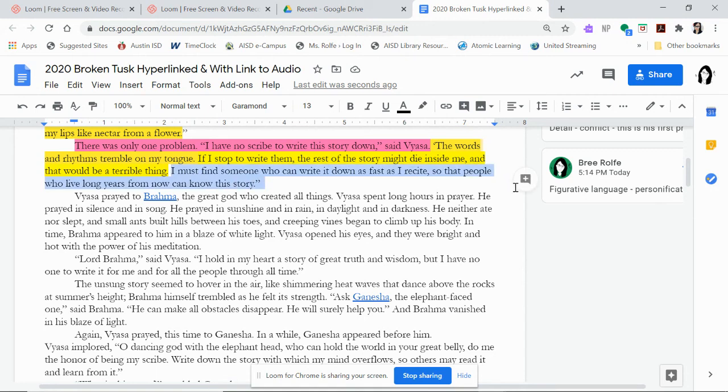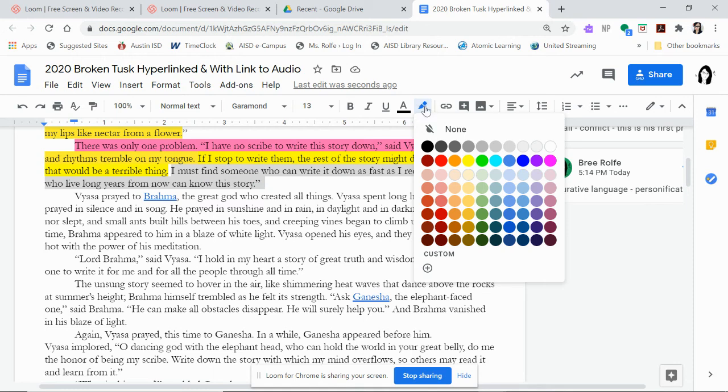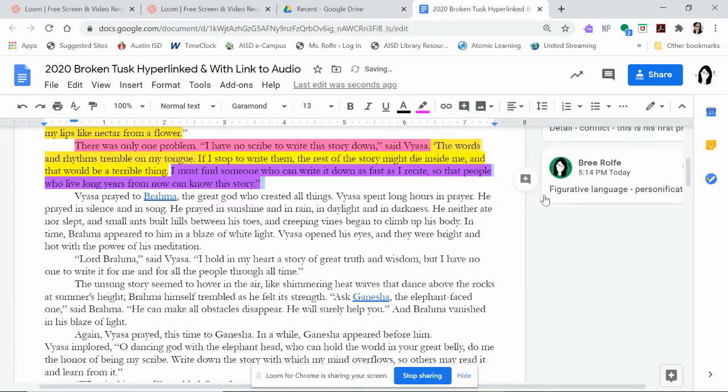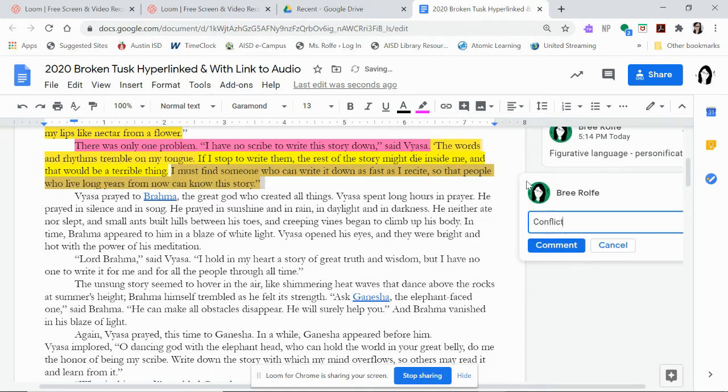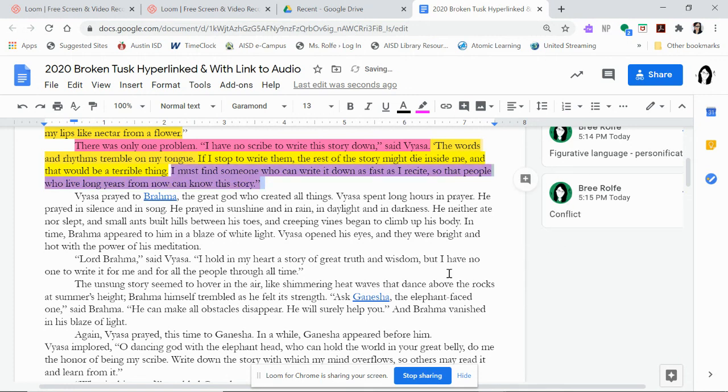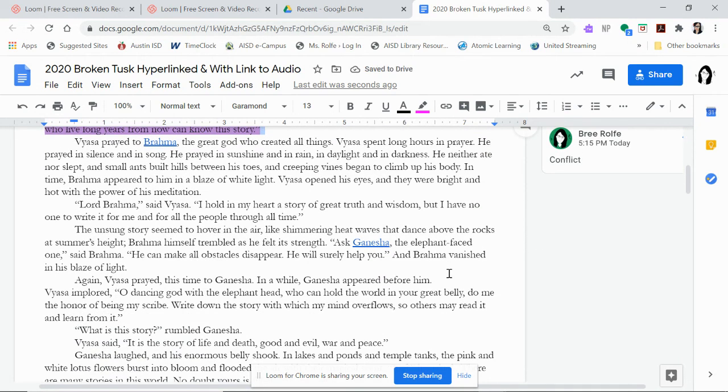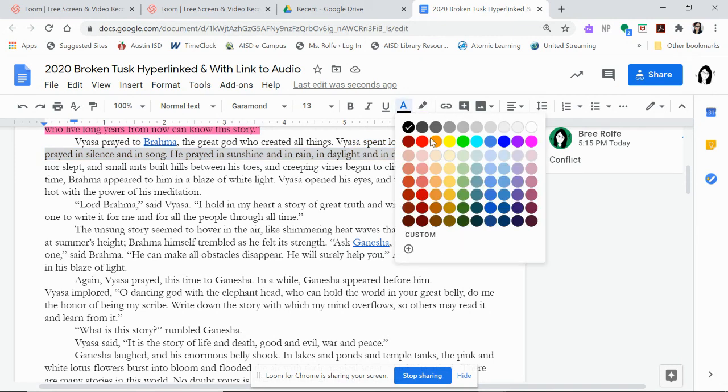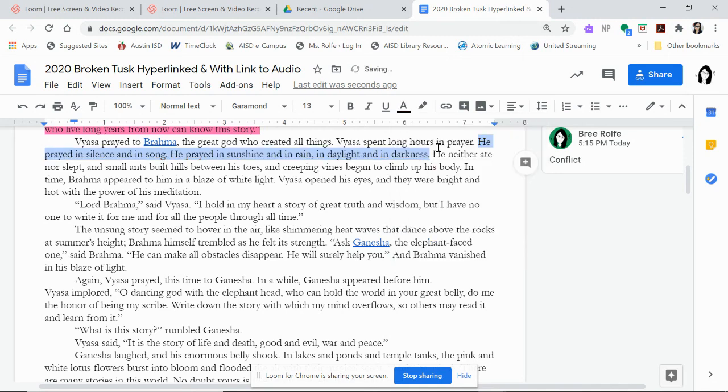And then again, this is just a detail for conflict. This I'm going to highlight here. It's not something that was on your list, but I'm going to highlight it in orange. Oops, again.